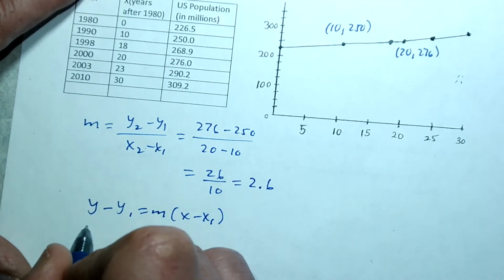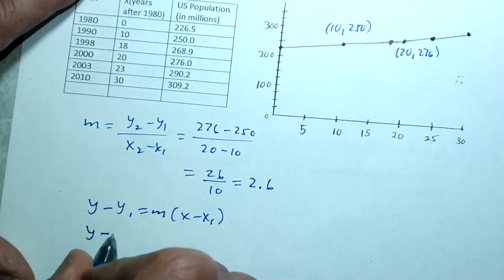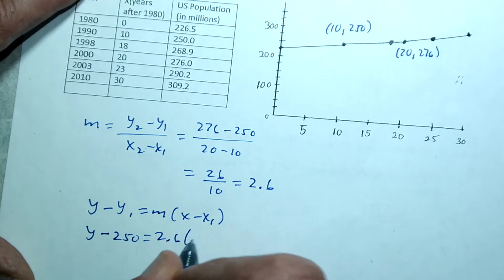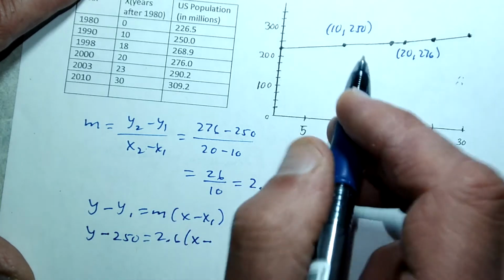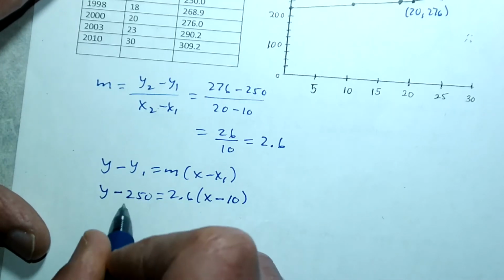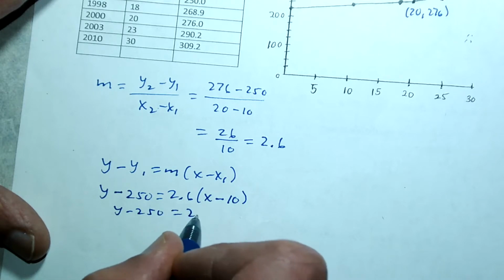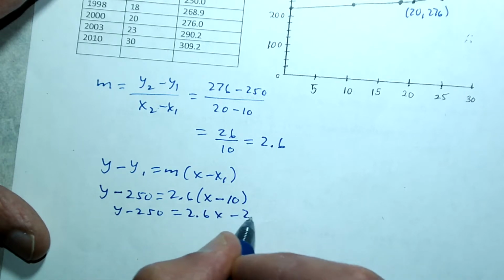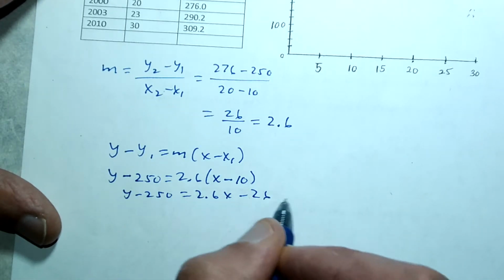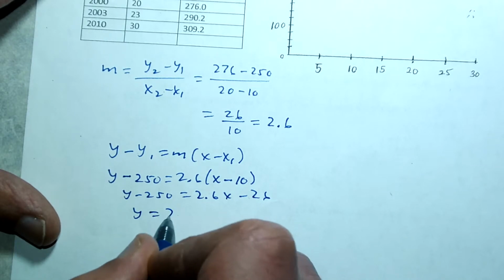So this is going to be y minus y sub 1, which is 250, that's the y coordinate, equal to 2.6 times x minus x sub 1, which is 10. I'm going to multiply this out on the right-hand side, and I get 2.6x minus 26, right? Then I'm going to add the 250 over here.